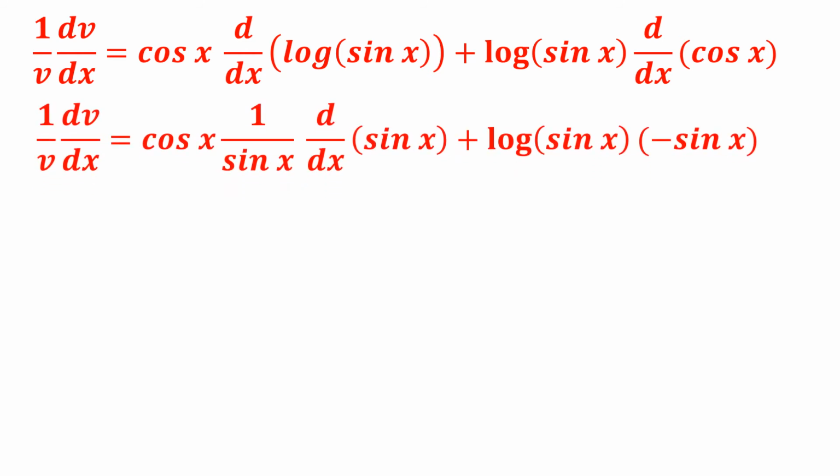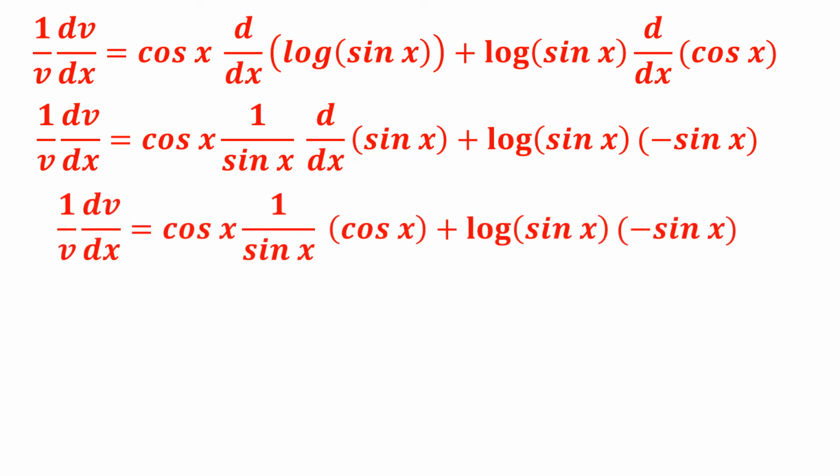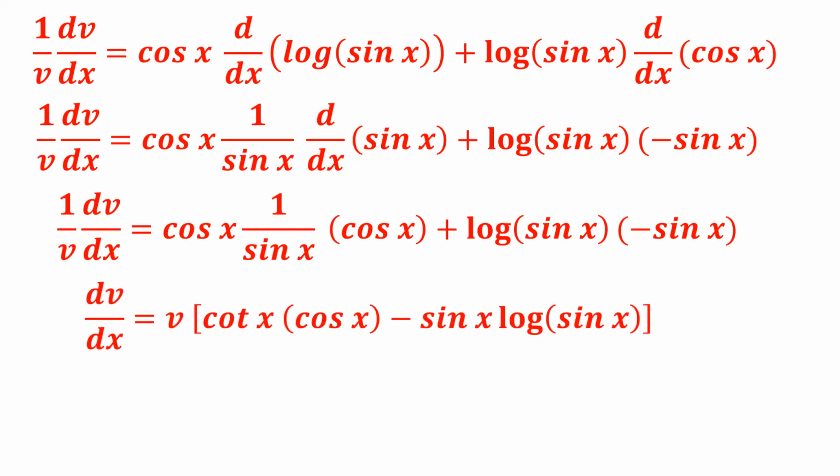We continue. The differentiation of log sin x is 1 by sin x into d by dx of sin x, and differentiation of cos x is minus sin x. Now the differentiation of sin x is cos x. The first term will be cos x into 1 by sin x into cos x. The second term will be plus log sin x into minus sin x. Push that v to the right hand side. Now you can simplify a little bit. Cos by sin is cot. Therefore we will write the first term as cot x into cos x, and the second term, bringing minus to the front, minus sin x into log sin x.